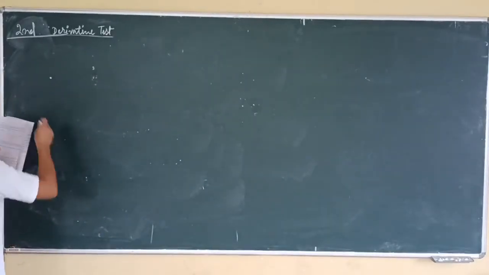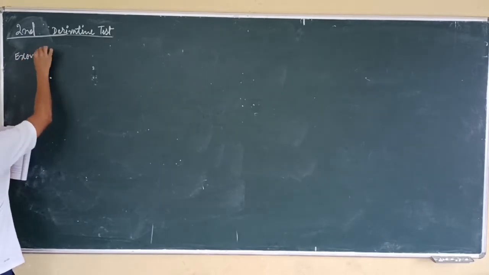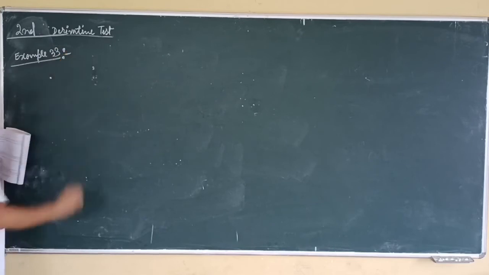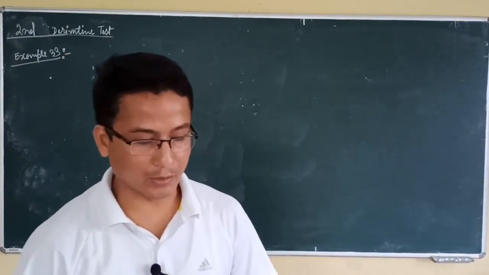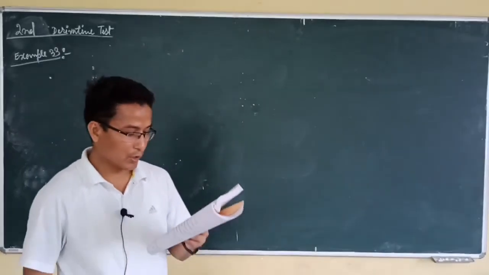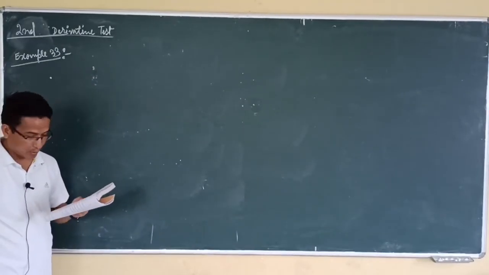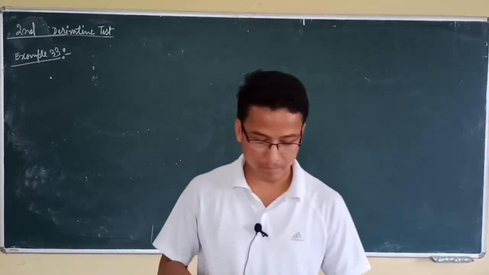So let's see example number 33, on page number 224 of the NCERT book. Find all the points of local maxima and local minima of a function f given by.